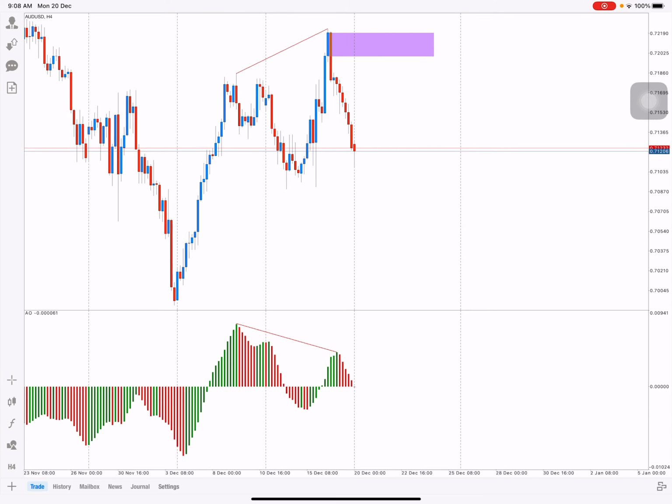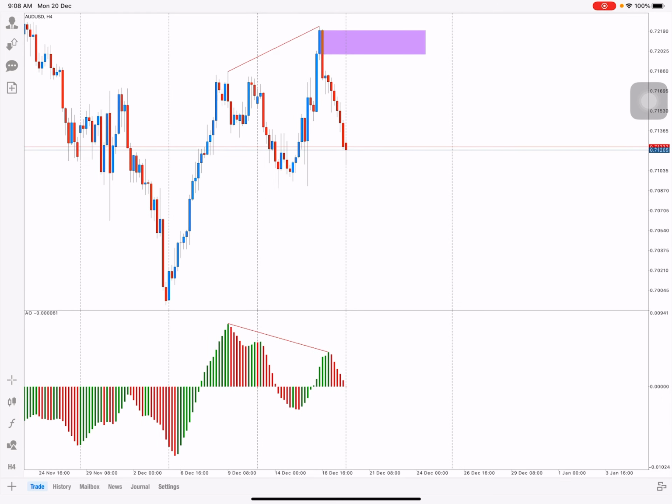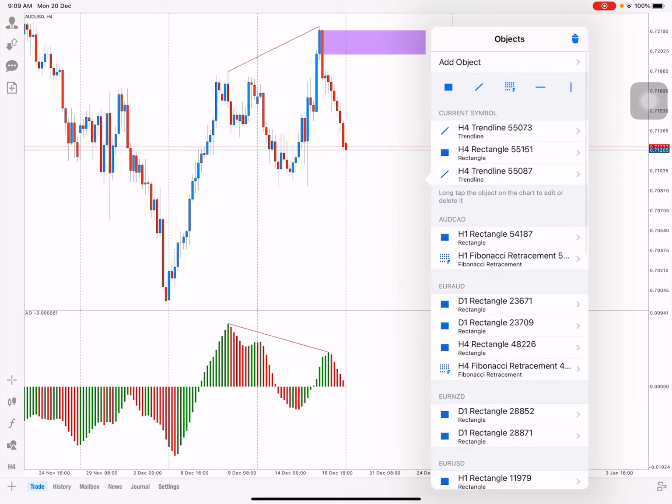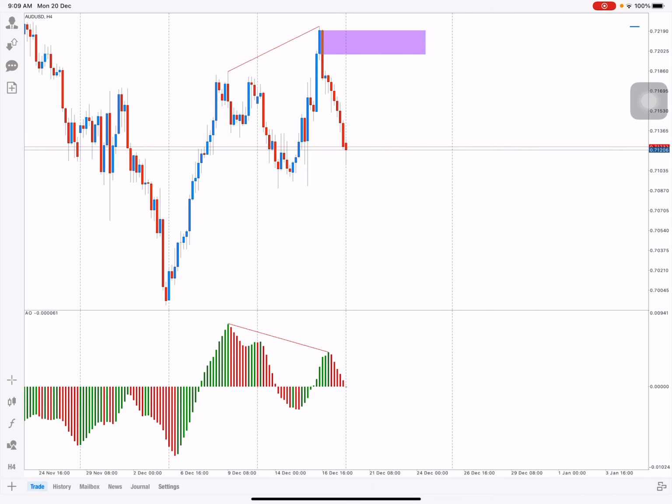So the question here is, where in the pullback will I try to make an entry? The criteria that I wanted was first to have an initial break, which is this, and then I wanted it to break the nearest support, which is this.